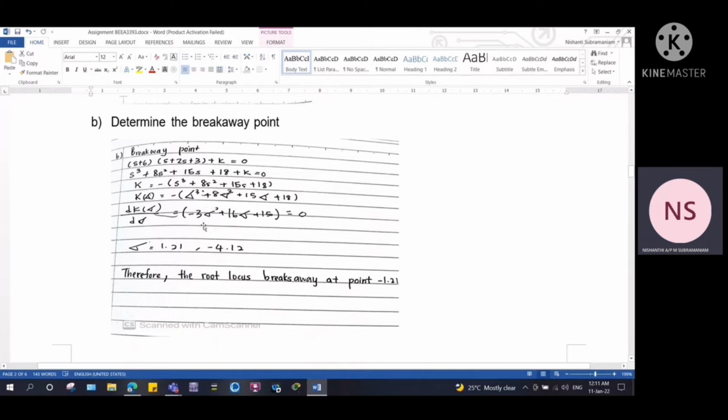So the equation will be negative alpha squared plus 16 alpha plus 15 equals 0. From this equation, the answer I get is alpha equals negative 1.21, negative 4.12. Actually I forgot to put the negative sign there, later I will add it on. So the breakaway point for the root locus is at negative 1.21.